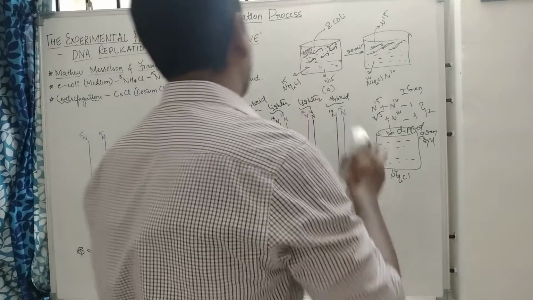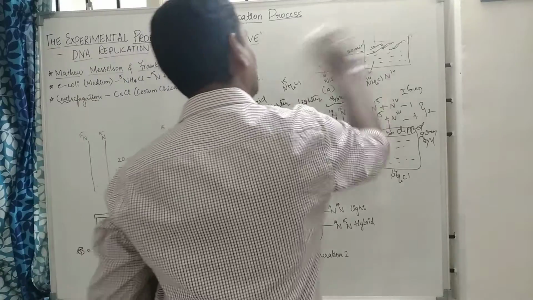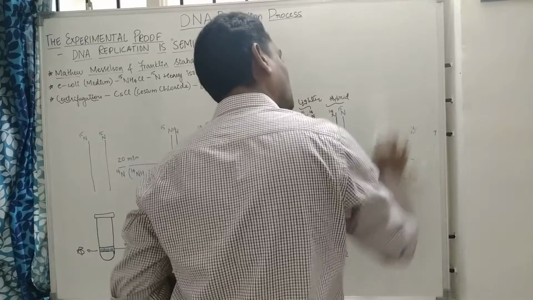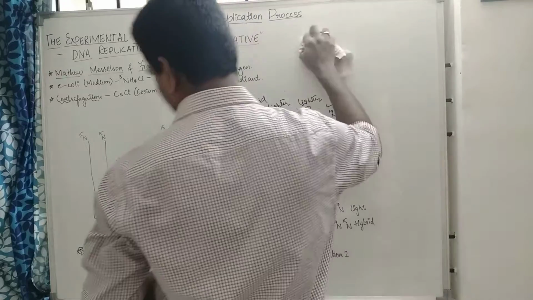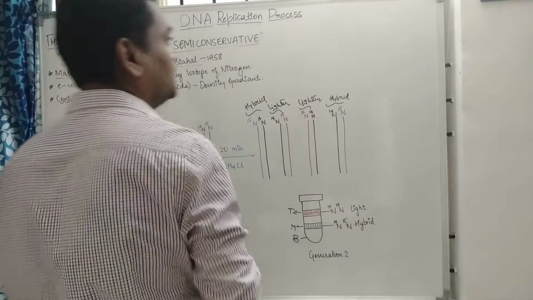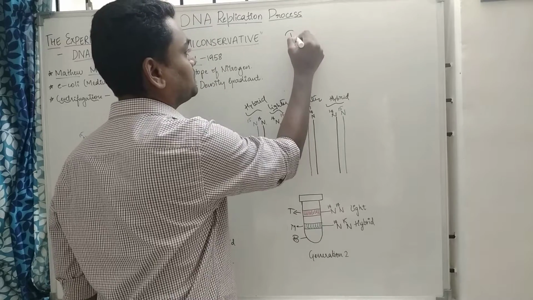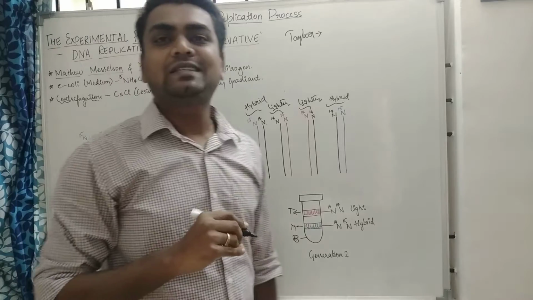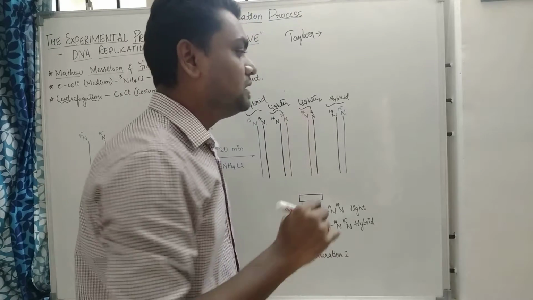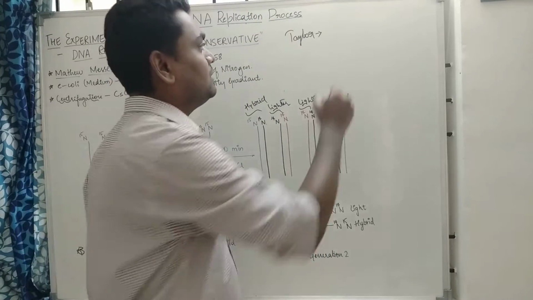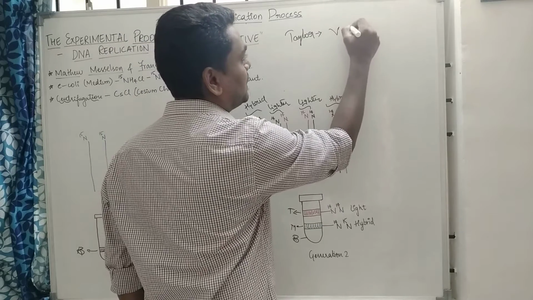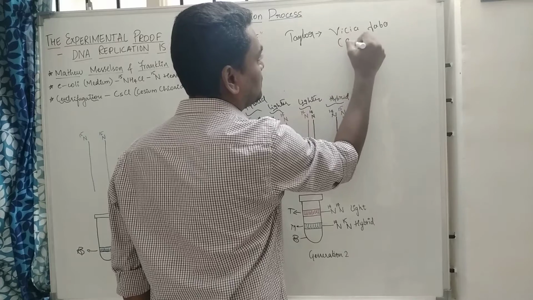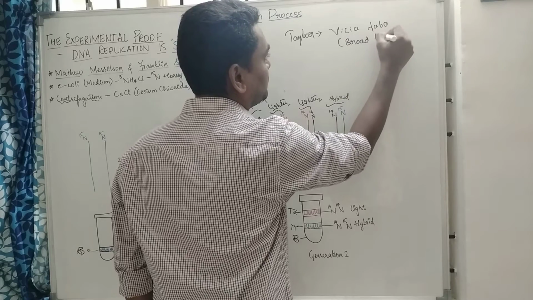One more thing I want to add here. Not only these scientists did the experiment; another scientist also did an experiment to prove it is a semi-conservative method. The scientist named Taylor did it on the Fabaceae family, on Vicia faba, which is a broad bean.